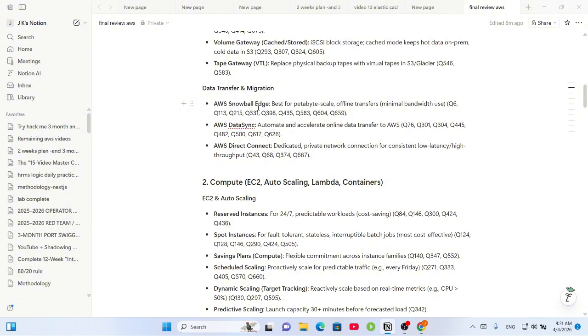If you have, let's say, a petabyte scale of data, a lot of storage, and you want to transfer it to some S3 bucket, and you want to use minimal bandwidth, then you should use Snowball. Basically, they will send someone from Amazon to pick up your data physically and transfer it there.